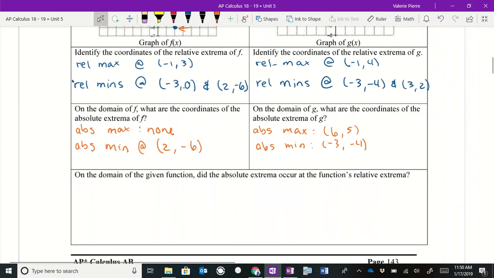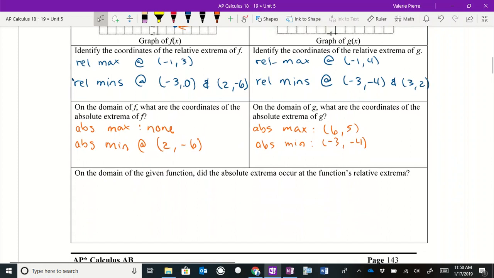Okay, so on the domain of the given function, did the absolute extrema occur at the function's relative extrema? So the absolute extrema could occur at the function's relative extrema.